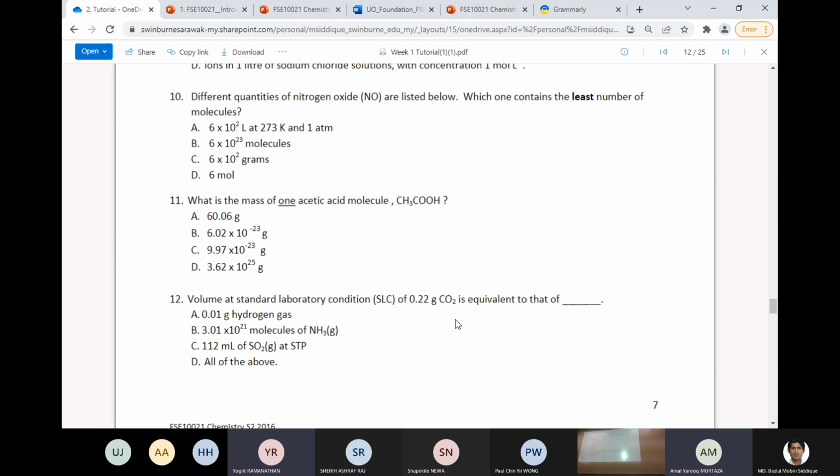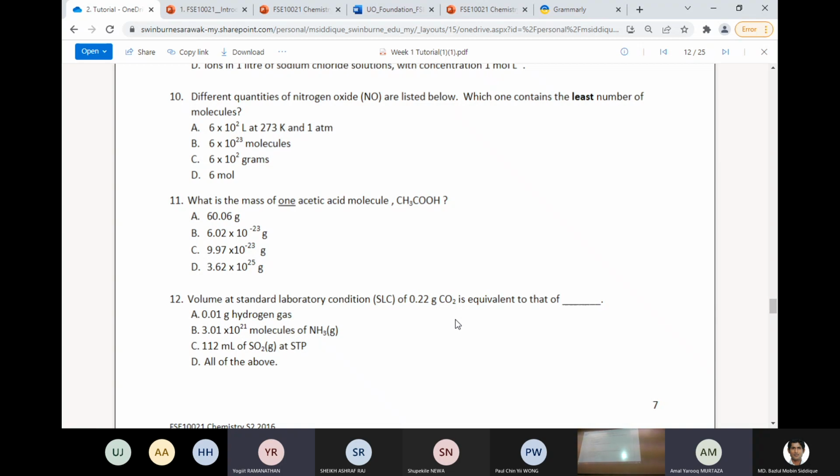Question number 10, once again, says which one of them has the least number of molecules? Lowest number. Option A is 6 times 10 power 2, that means 600 liters. 600 liters, of course, is a very big amount.